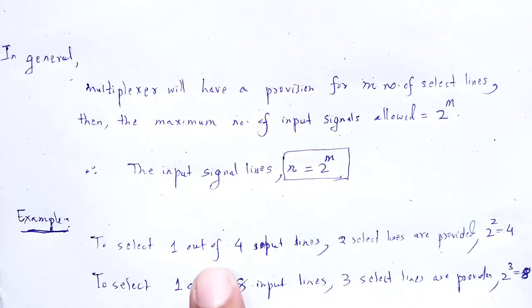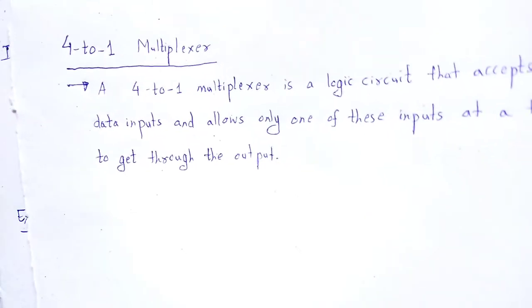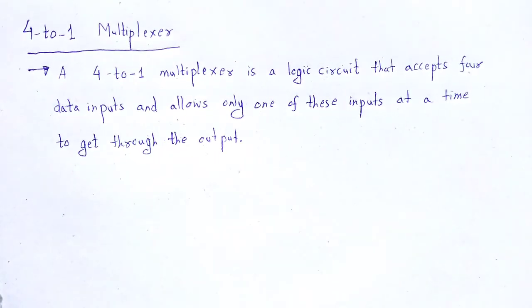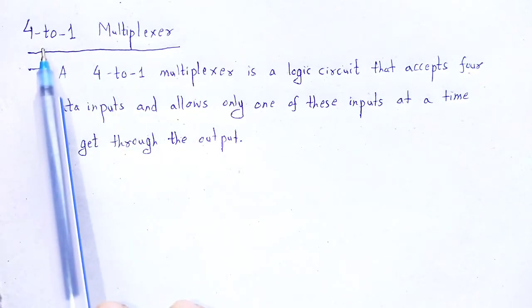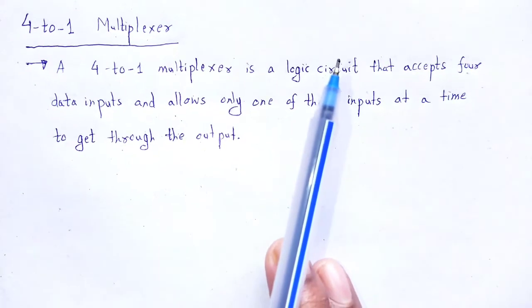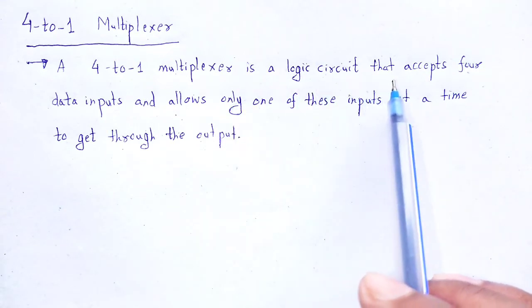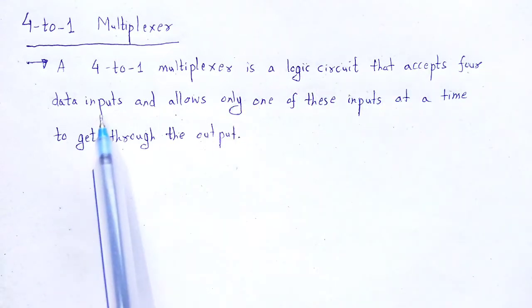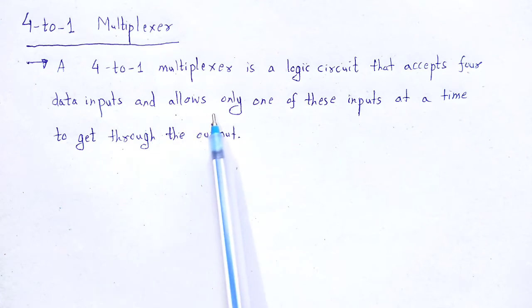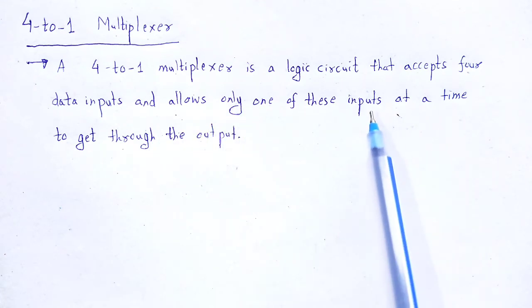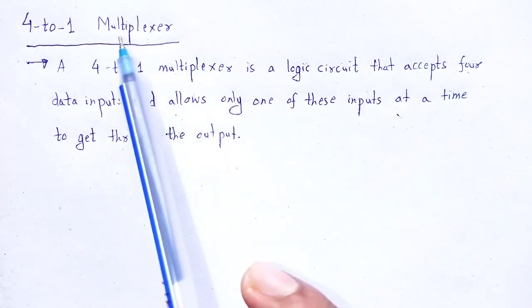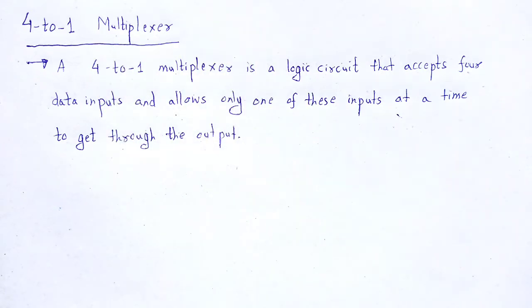According to the select lines, the multiplexers are named by the number of inputs to output. So 4 to 1 multiplexer means the logic circuit that accepts 4 data inputs and allows only one of these inputs at a time to get through the output.